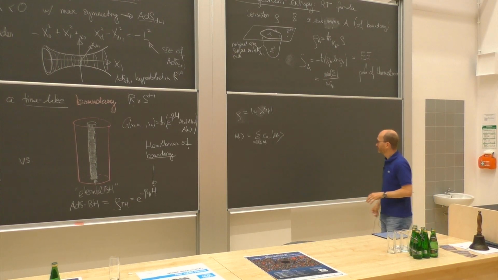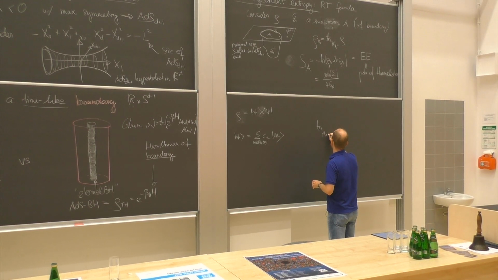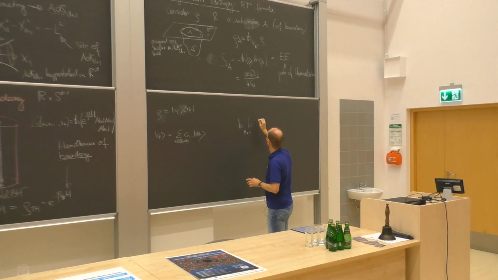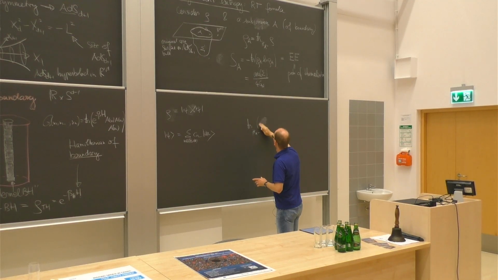Then you can compare the following: trace over everything that's not in the region I'm interested in of the global density matrix, let me call it psi.